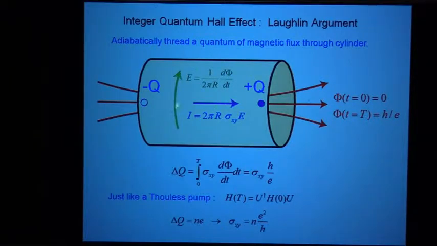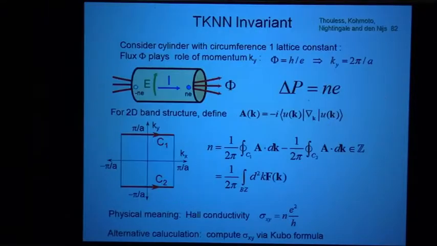I can imagine it's made out of my crystal, and so I'm going to choose one of the directions of the crystal and have periodic boundary conditions just over one unit cell.